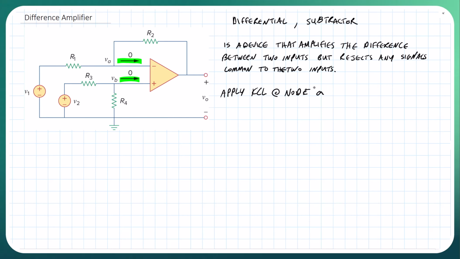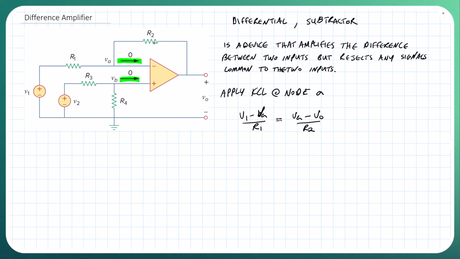And then we see that we've got V1 minus VA over R1 equals VA minus V output over R2, and R2 is our feedback resistance. So the current coming in here equals the current going out there.